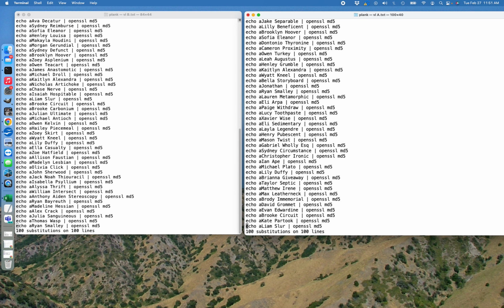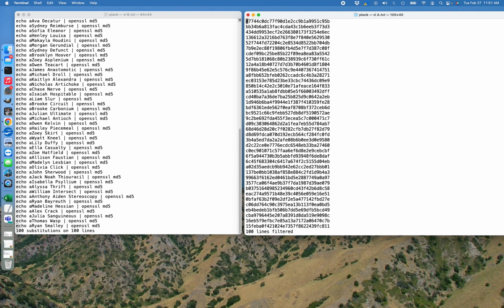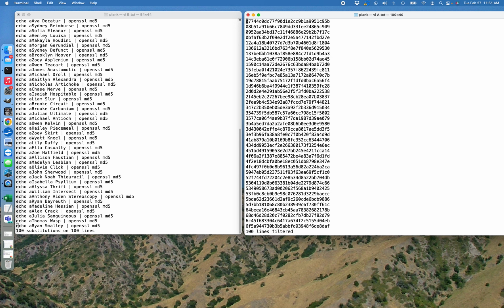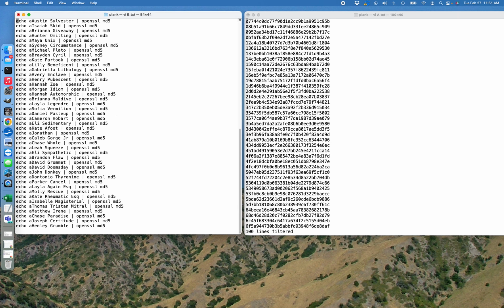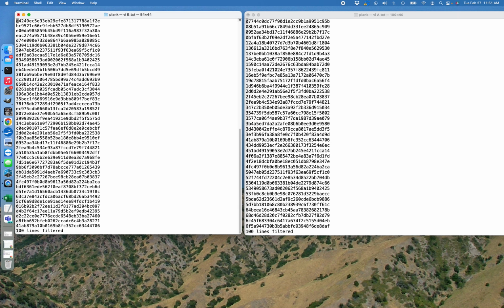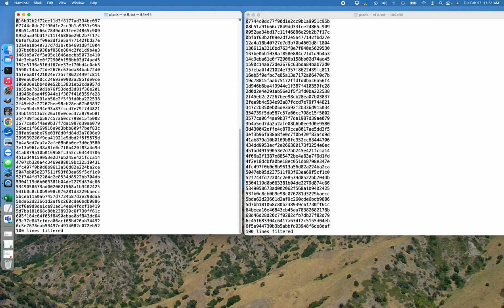I'm salting the value. So now if I pipe that to shell, pipe that to sort, pipe this to shell, pipe this to sort, maybe they'll equal each other, maybe they won't. Kind of hoping they don't. Hey, they don't. So we got a miss. So our probability of a hit is going to be 50%, because that's the Jaccard similarity.